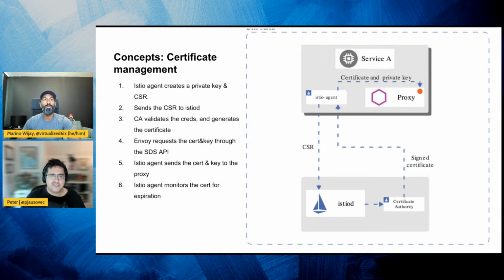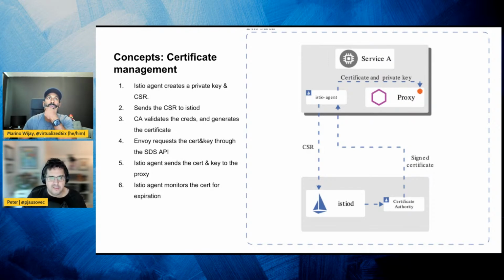Once the service comes up in the pod, Envoy will request the certificate and the key through the SDS API, and the Istio agent will stream the key and certificate to the proxy, and that's pretty much it.